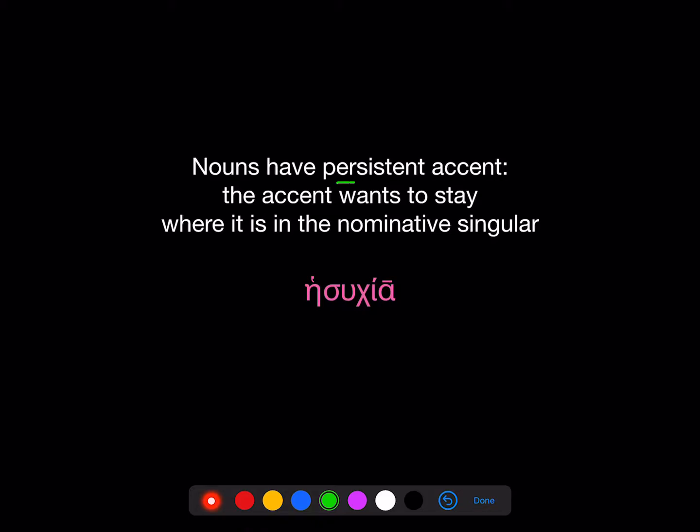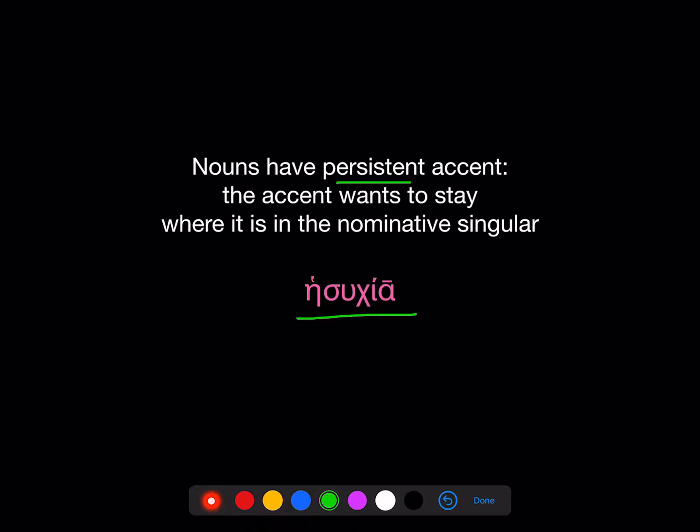Nouns, though, have persistent accent. What this means is that the accent wants to stay on the same syllable as far as it can, again, depending on the rules of accent. So when you learn a new noun, you're going to learn where the accent wants to be on that noun.